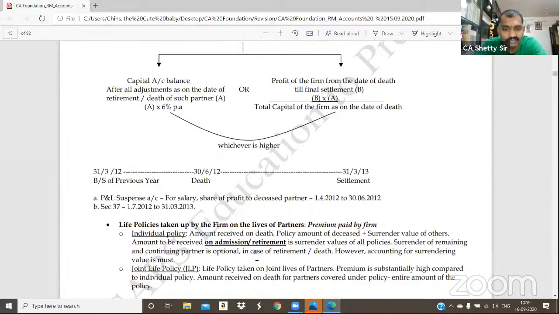What is PSR? Profit sharing ratio. Full stop and continue. Two RMRs. Upon death, receive entire policy amount.